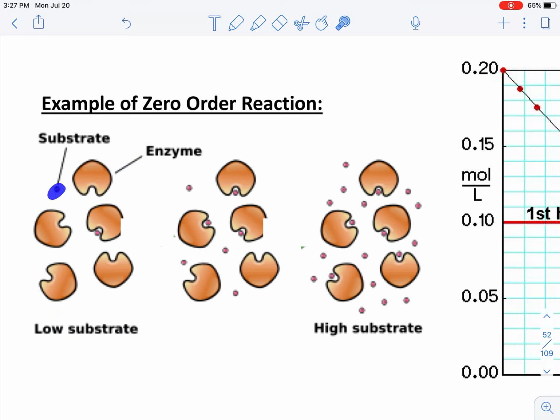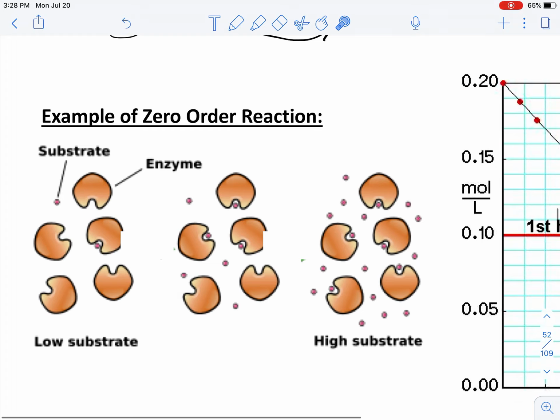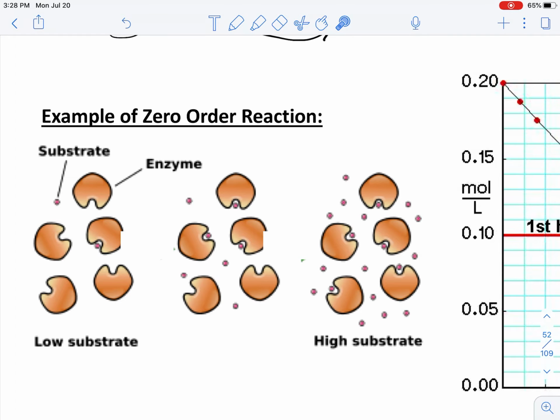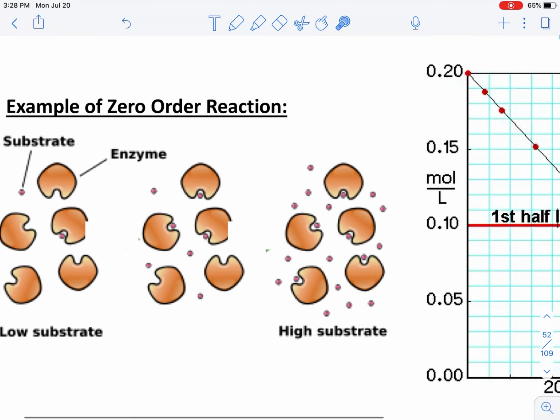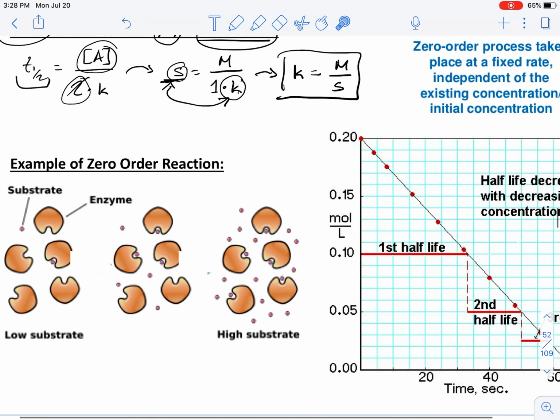So for example, if you only have 2 substrates, the amount of time it takes to reach half of the initial concentration will be much, much faster than a situation in which the enzymes have a lot of substrates to work with. Okay, all right, so hopefully that makes sense.